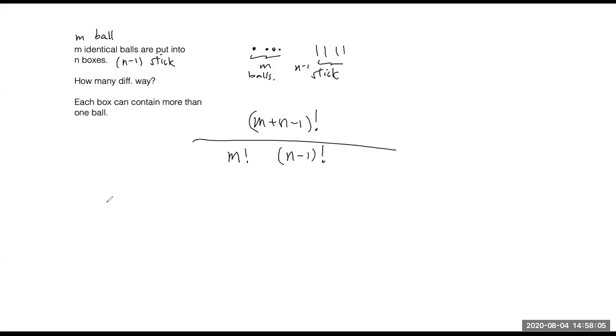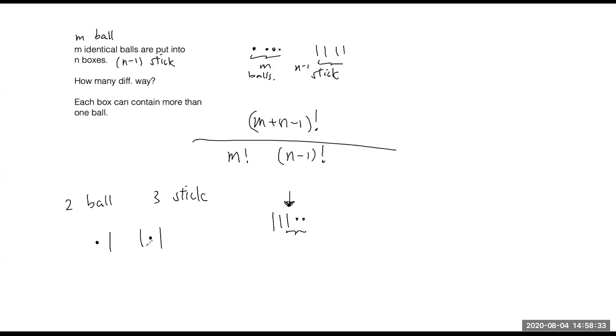So let's simplify the case, okay? Let's consider 2 balls and then 3 sticks. Let's say one of the drawings looks like this one, or some other drawing can look like this one. In this case it means that the fourth box contains 2 balls.